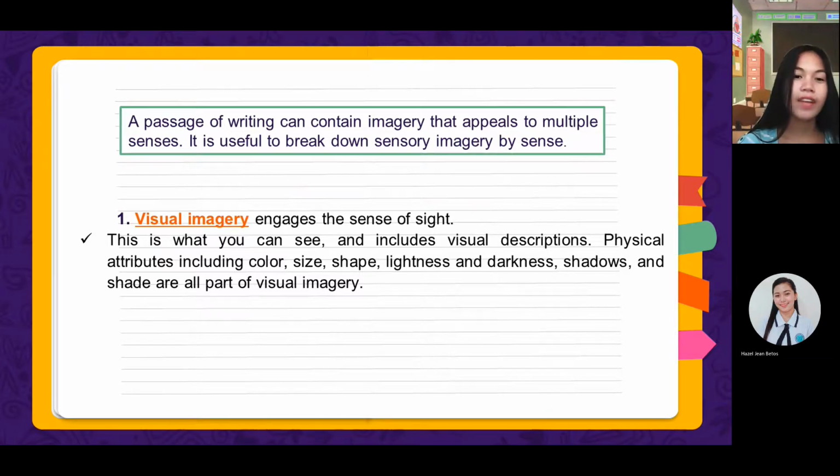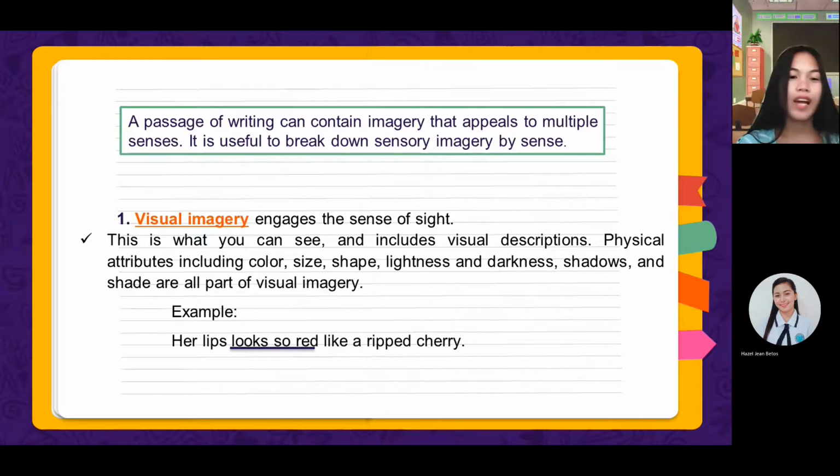Let's have an example: her lips look so red like a ripe cherry. What makes this sentence belong to the sense of sight? Alvin? It's because of looks so red. All right.